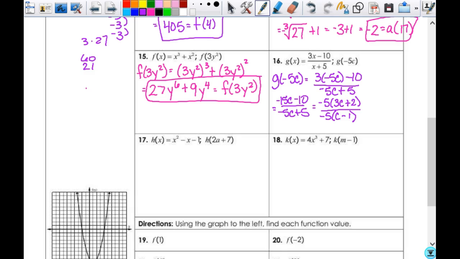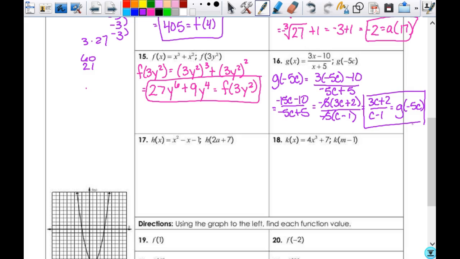So officially, the correct process is to factor out the GCF. So then those cancel out, and that's when you're left with 3c plus 2 over c minus 1, and that is g of -5c. Very good. Any questions?